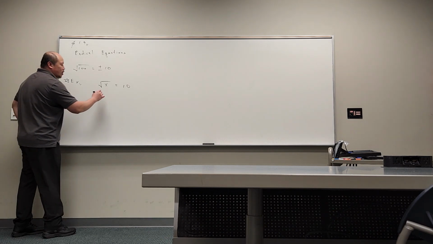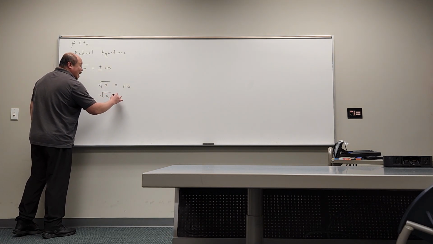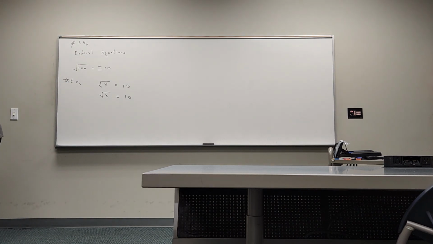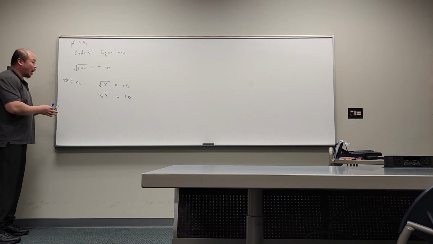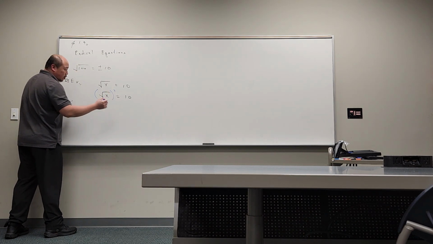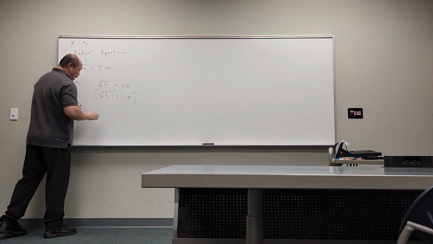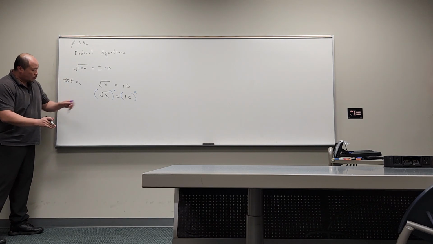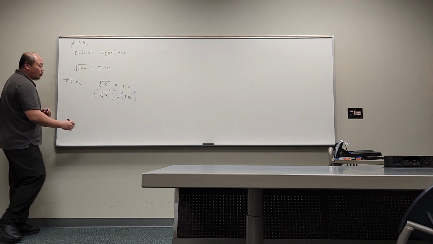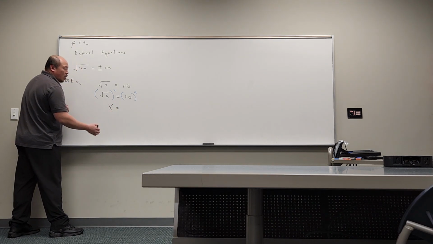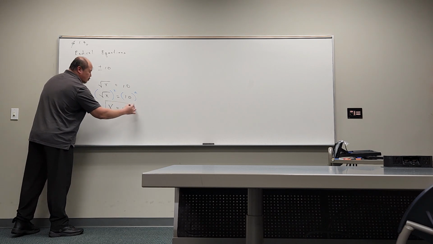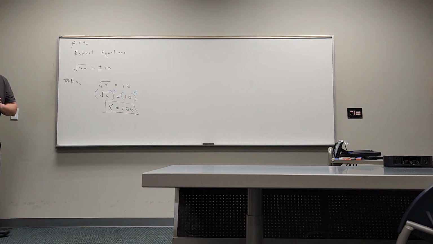So we will apply the opposite of a radical, and the opposite of a radical is the square. So I will apply square on the left and square on the right. Square and radical destroy each other, so all you get is x equals 10 squared, which is 100. And that's it. Just leave it like that.